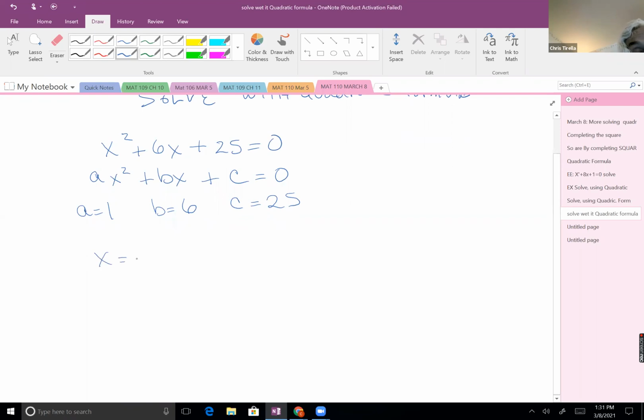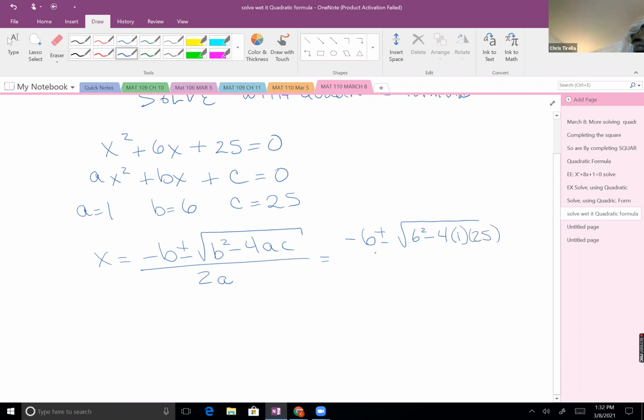And when I substitute into x equals negative b plus or minus the square root of b squared minus 4ac all over 2a, I get negative 6 plus or minus the square root of, I'm sorry, I'm skipping a step and I shouldn't. 6 squared minus 4 times 1 times 25 all over 2 times 1 gives me negative 6 plus or minus the square root of, let's see, 36 minus 100 would be negative 64, over 2.